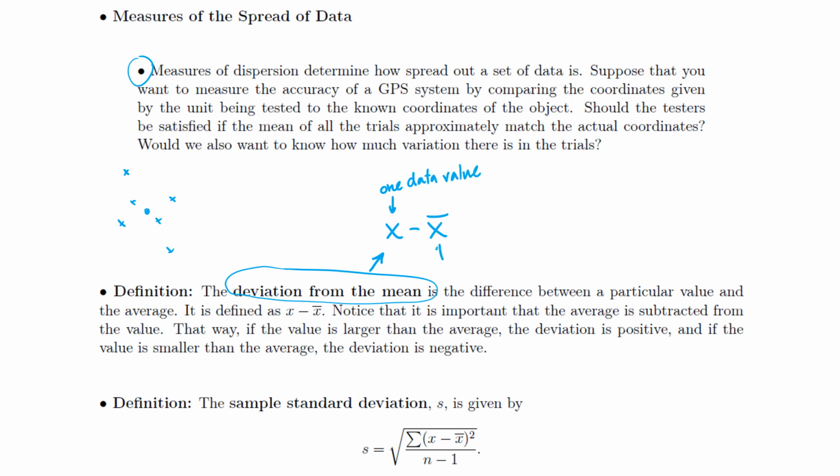And this, of course, represents the sample mean. So we're literally just saying, what's the difference between our data value and the sample mean? And we can compute that for every single data value, and that'll give us a sense for each data value of how far off from average it is.